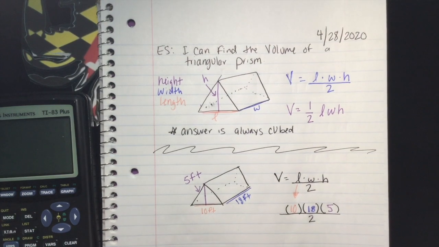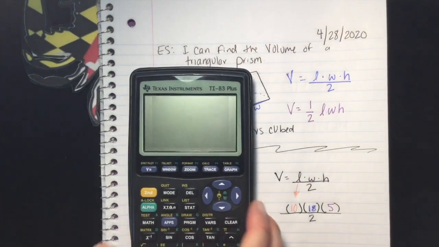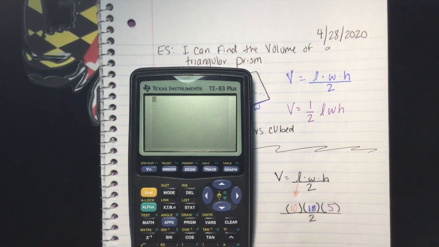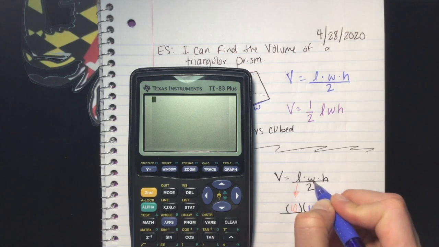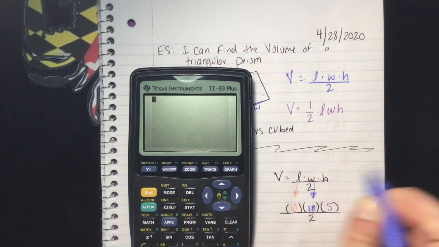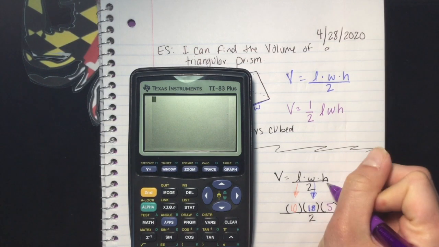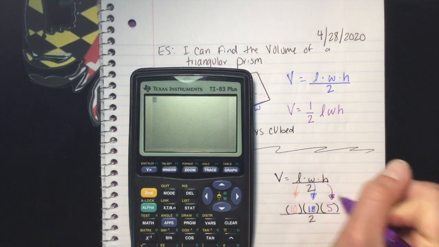Then you can grab your handy dandy calculator if you'd like, or if you like to multiply it out and divide by 2, go for it. You can pause the video right now and see if you can beat the calculator. I'm going to put some arrows down here, to make sure we know where we're getting all of our information.